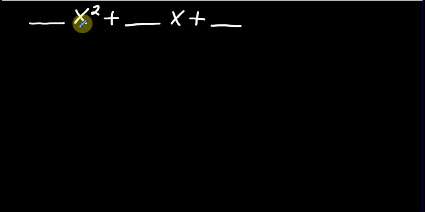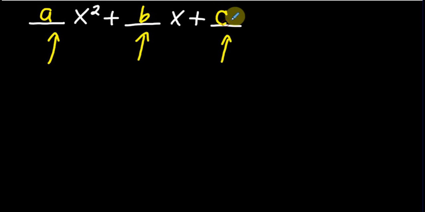Whatever is in front of the x squared, we're going to call that a. Whatever's in front of x, we're going to call that b. Whatever the constant is, the number without the variable, we're going to call that c. If we were using the quadratic formula to help us solve quadratic equations, this would be very, very helpful.